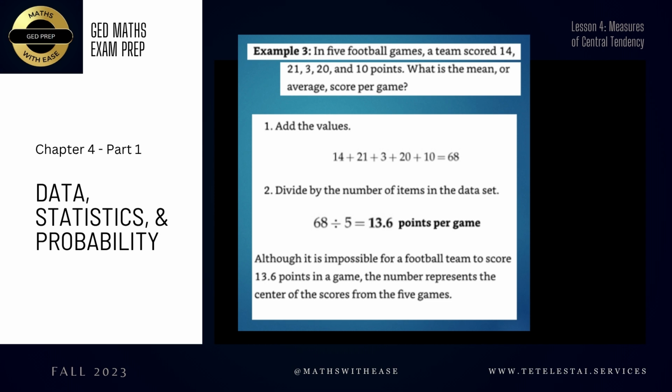They tell us in the question, but if the question doesn't tell you, you just know that you need to count the number of individual scores that you have, and that's going to be your what? Denominator, okay?